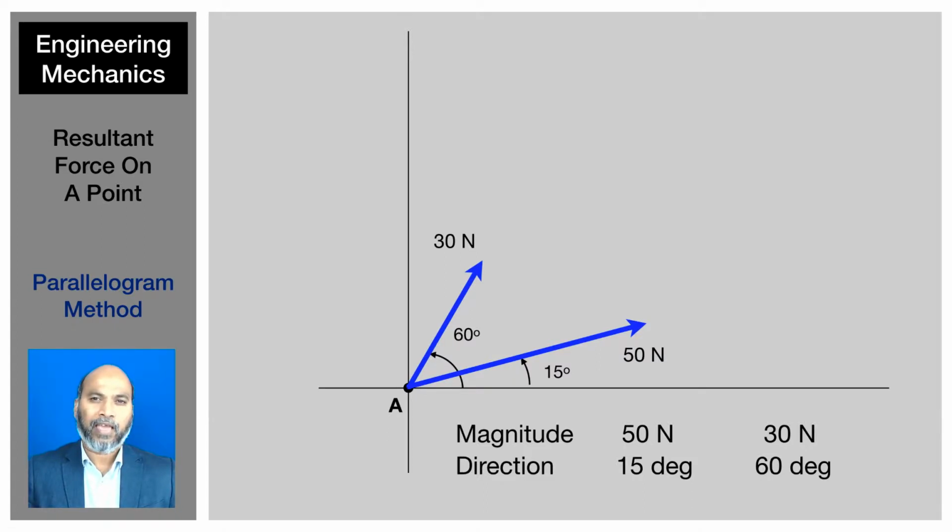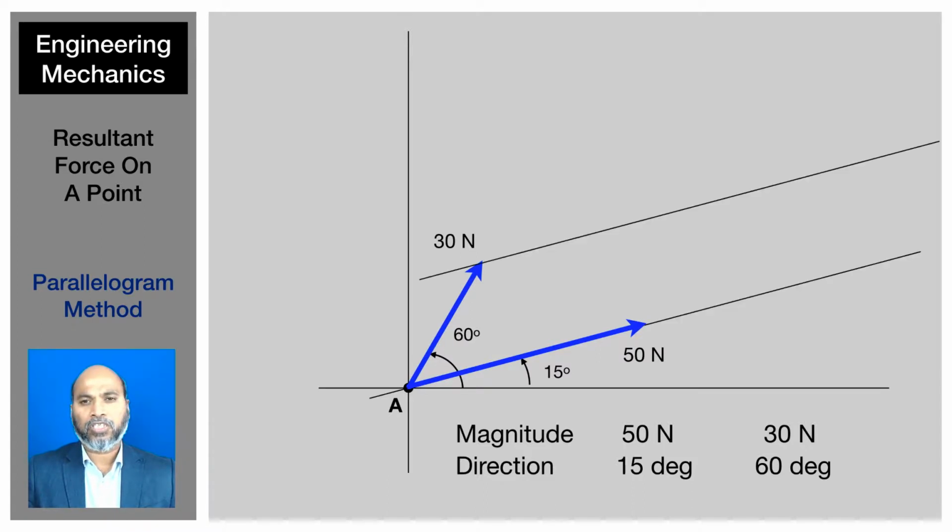That is, we're not going to calculate, but we will graphically determine the magnitude and the direction of the net force. What we need to do is draw parallel lines like this. Draw a parallel line on the top of the second force parallel to the first force, and draw a parallel line at the top of the first force parallel to the second force.